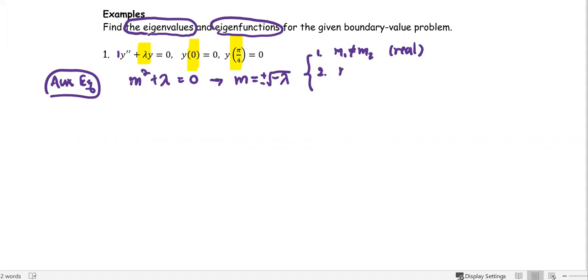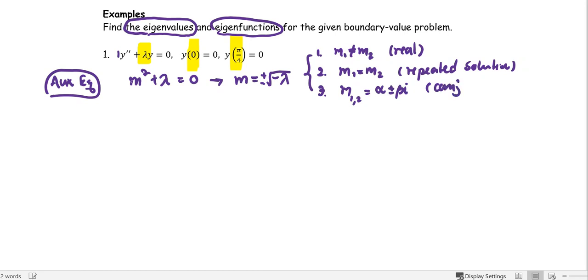Case number 2, m1 equals m2. This one is called the repeated solution, repeated values of m. And case number 3, m1 and m2 are in the form of conjugate complex, alpha plus or minus beta i. This one is a conjugate complex.